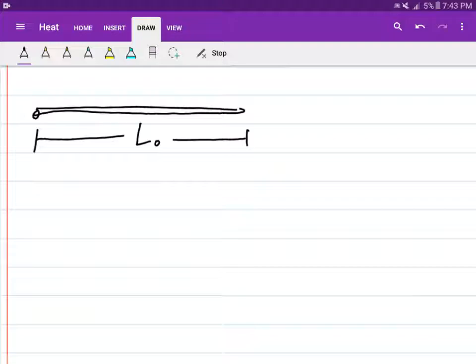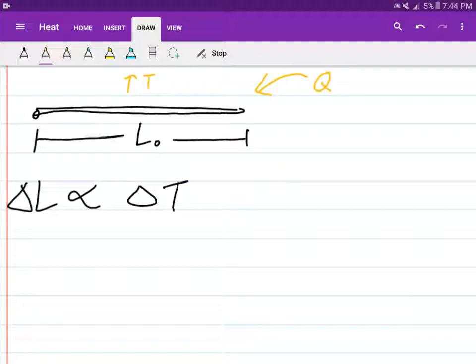Okay, so the change in length of this rod, let's denote delta L, should be proportional to the change in temperature that you apply to it. So it should be proportional to the amount of heat. Of course, this rod will change temperature, so it should be proportional to the change in temperature of the rod.